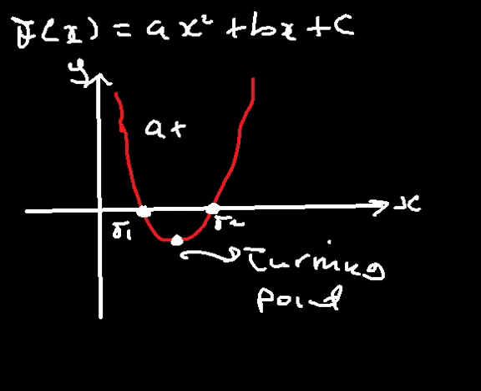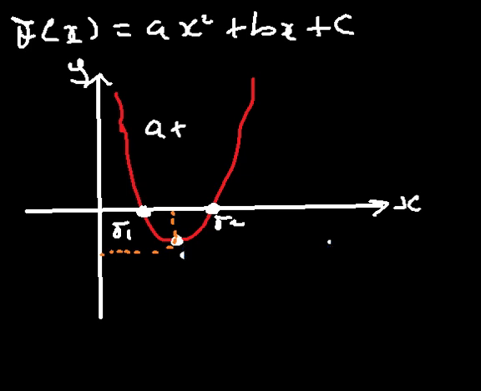And what are the coordinates at the turning point? The turning point consists of two coordinates, this is x and this is y, which means we have it as (x, y).